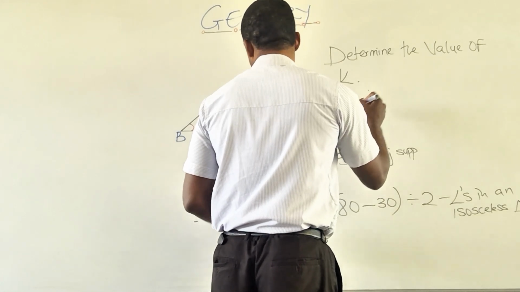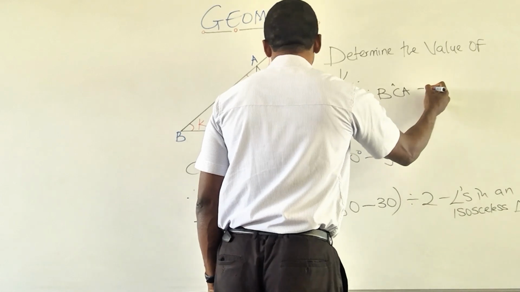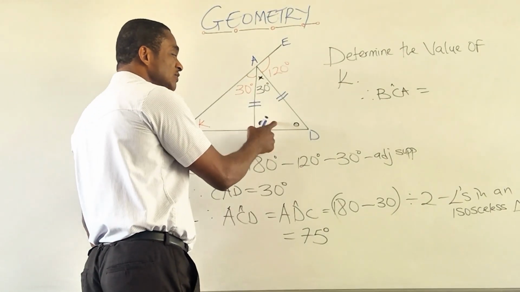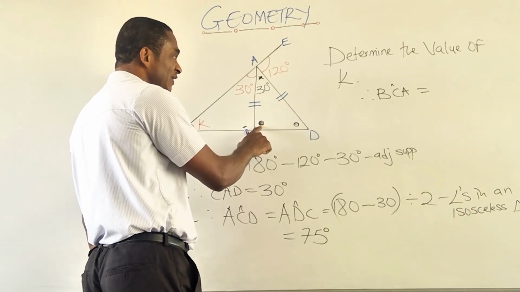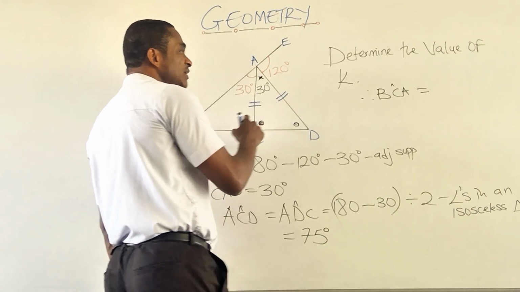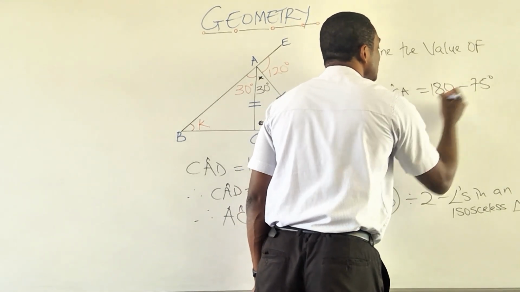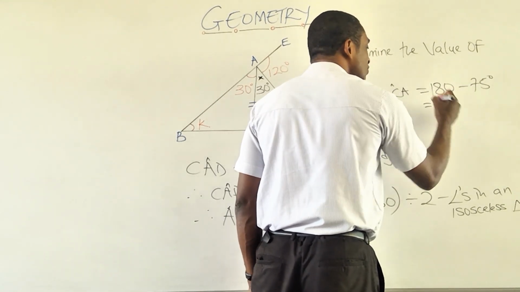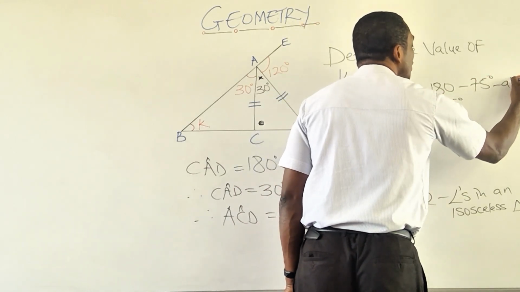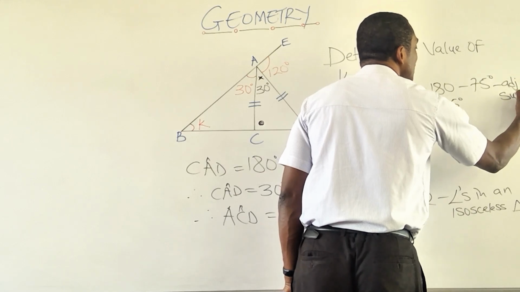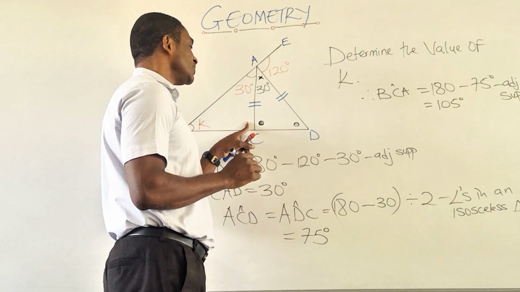Going forward, angle BCA will be equal to angles at a point on a straight line, or adjacent supplement. This is 75. This will be 180 minus 75 degrees, which will give us 105 degrees. And our reason here is also adjacent supplement. So this is 105 degrees.